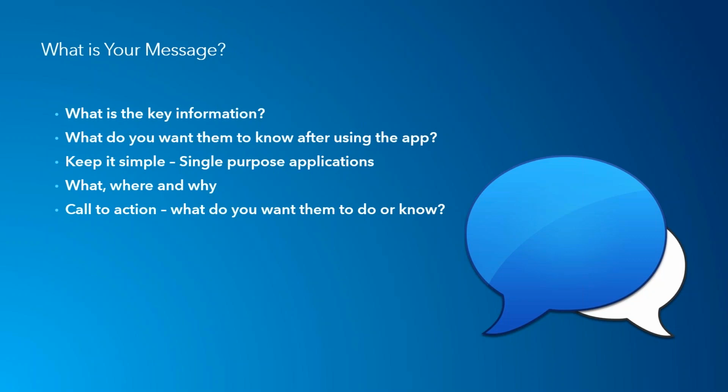There are some really useful things, but really focus on your message. Think about what you want to say, where you want to put that information, as a website. Is it going to be an application that runs by itself? And why you're doing it. Also, what's the call to action? What do you want them to do, or what do you want them to know after they've used the app?